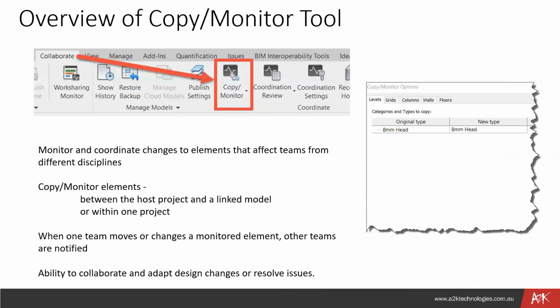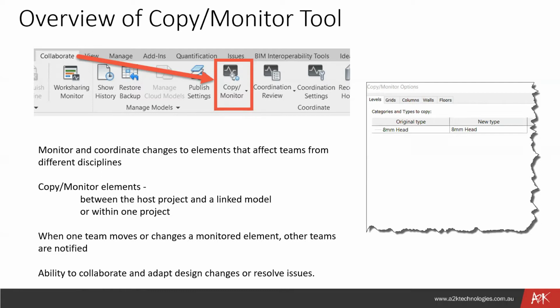Okay, so an overview of the copy monitor tool. The copy monitor tool is found on the Collaborate tab, and it generally allows you to monitor and coordinate changes to elements that affect teams from different disciplines.